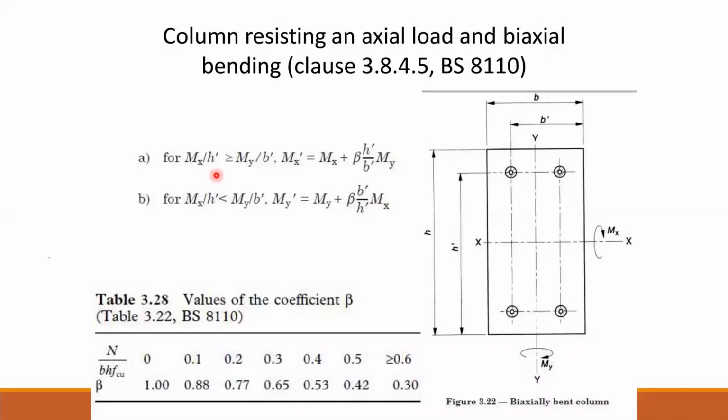So Mx over h' is to be greater than My over b'. Then the case is M'x equals Mx plus beta times h' over b' times My. To find the effective bending moment on the selected plane, this is the equation to be considered. These Mx and My are the bending moments that you can derive from your structural analysis software.